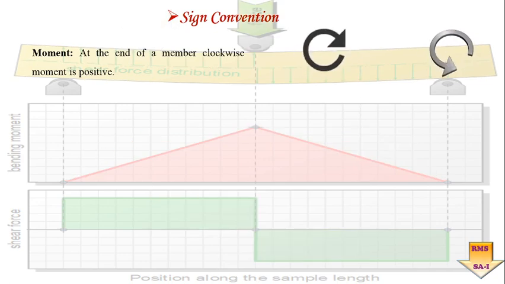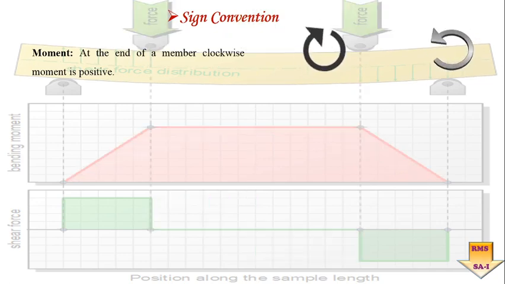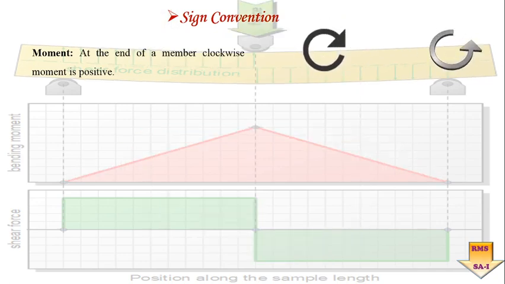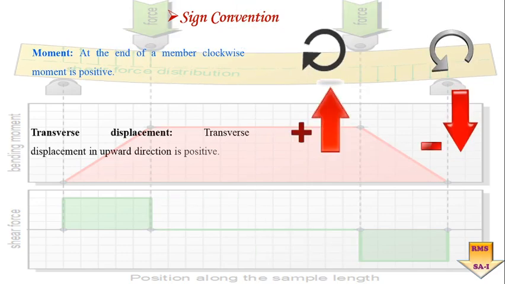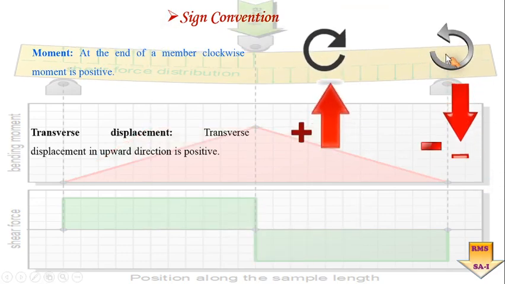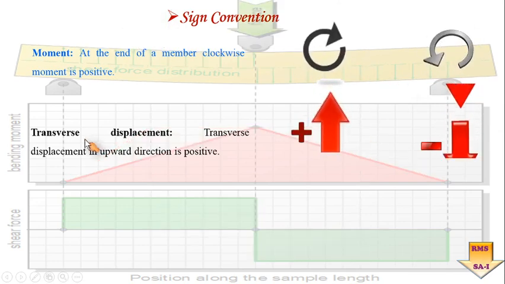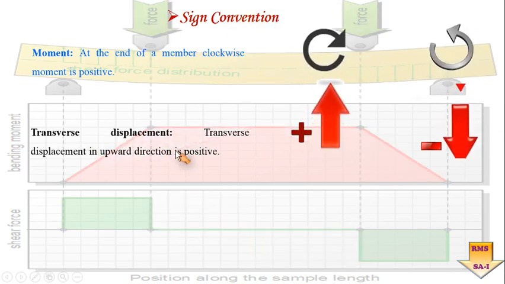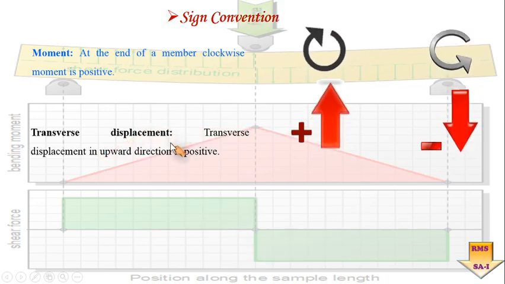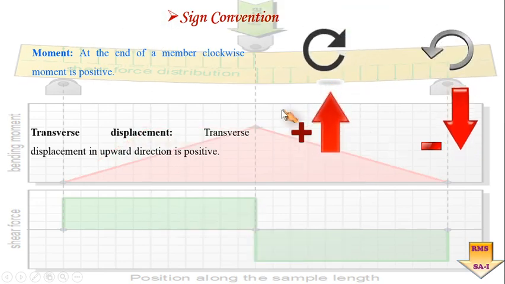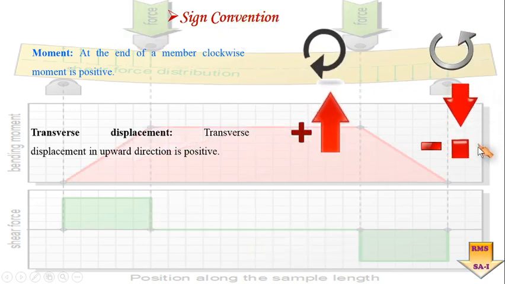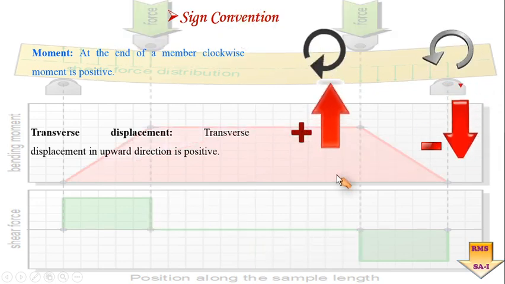Whenever there is a clockwise moment of a particular force, it will be taken as positive, and otherwise it is taken as negative. So clockwise moments are positive and anti-clockwise are negative. As far as the vertical forces are concerned, upward forces are always taken as positive and downward forces are always taken as negative.